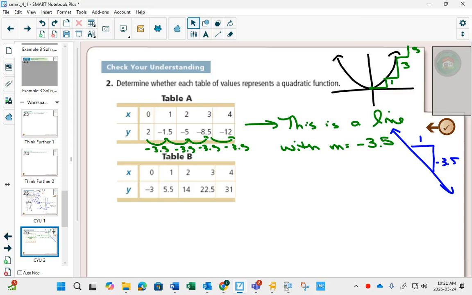And the second one. We go over 1, and this time we're going up 8.5. And then, oh my goodness, another line.